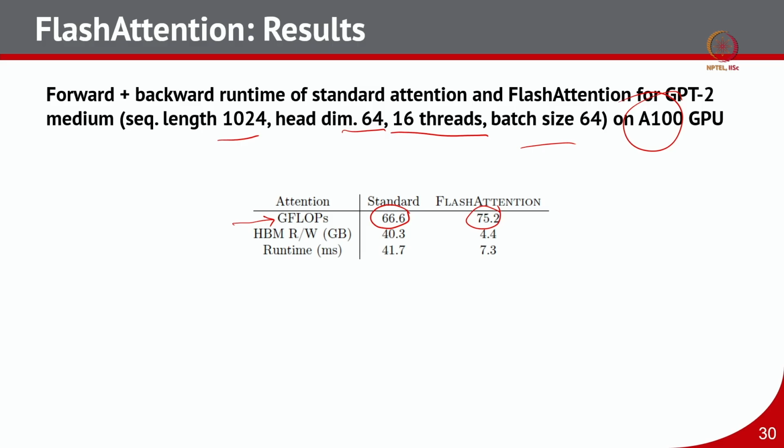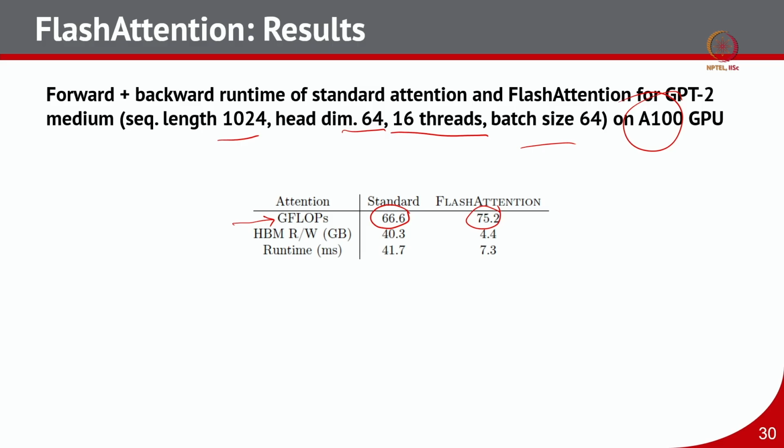And why is the number of floating point operations increasing? Because in FlashAttention we are recomputing the activations, which were anyway computed in the forward pass. We do not want to store them, that is why we recompute them during the backward pass, which is understandable.